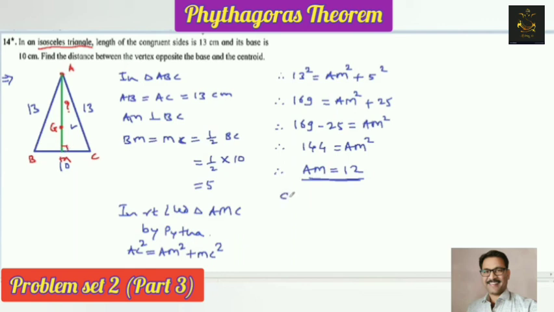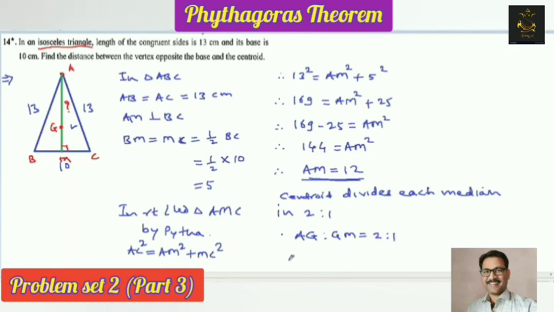So the centroid divides each median in 2:1. That means AG is to GM is equal to 2:1.